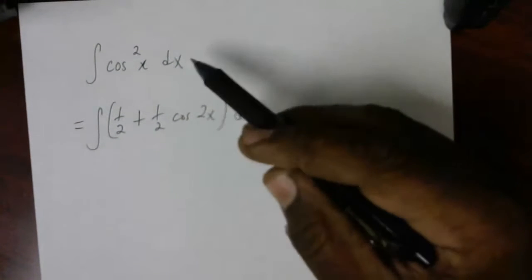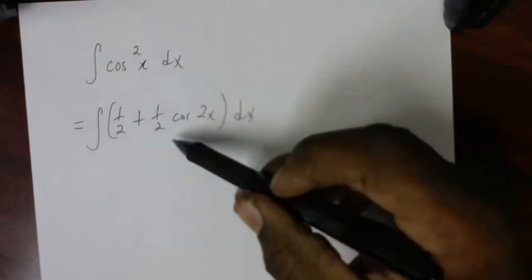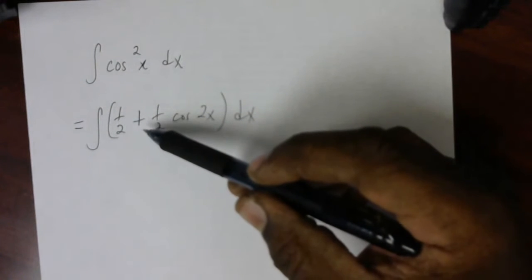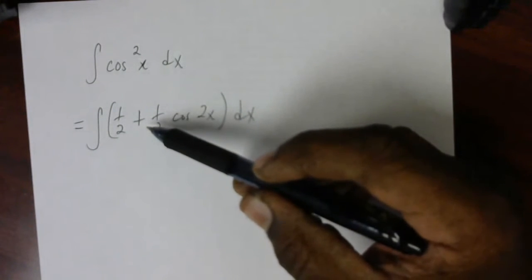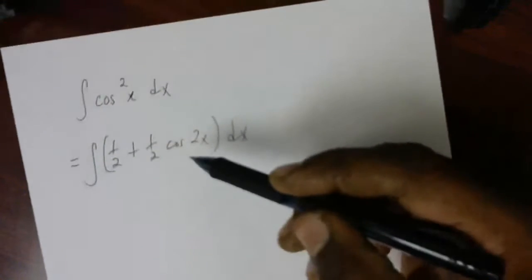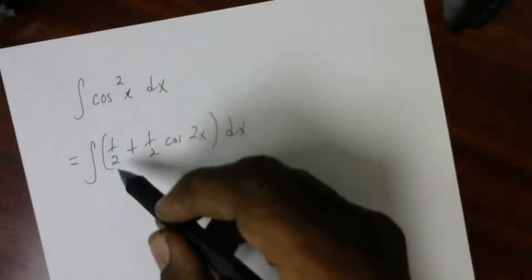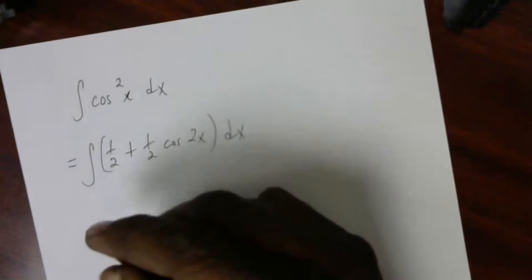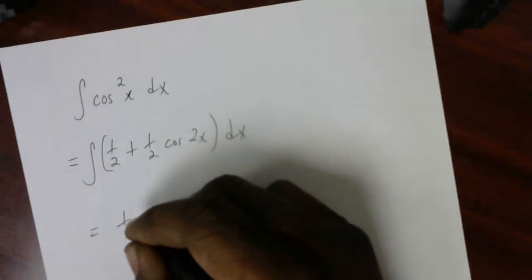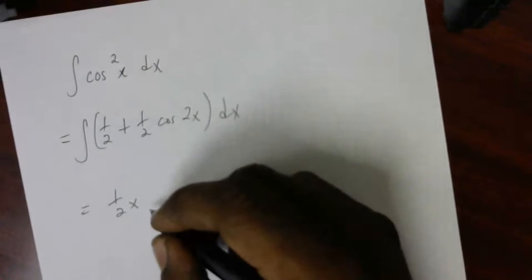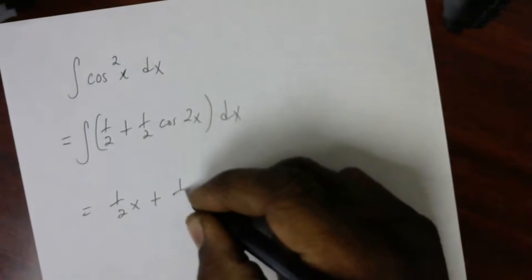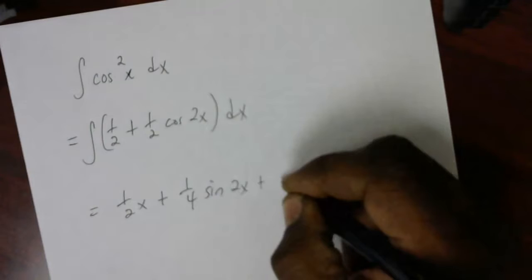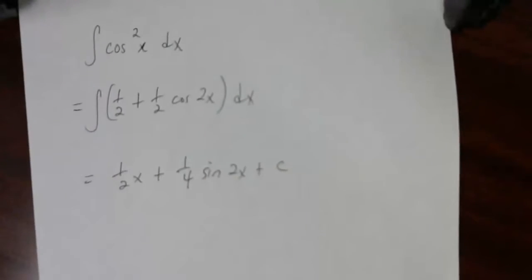Right, so the only thing that's really different about this problem and the other problem is basically the sign. So when we integrate 1/2 plus 1/2 cosine 2x, we should get 1/2 x plus 1/4 times the sine of 2x plus c.